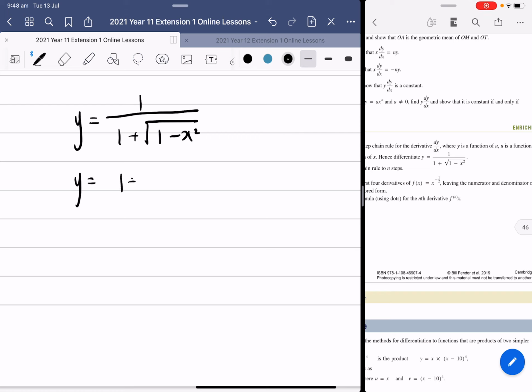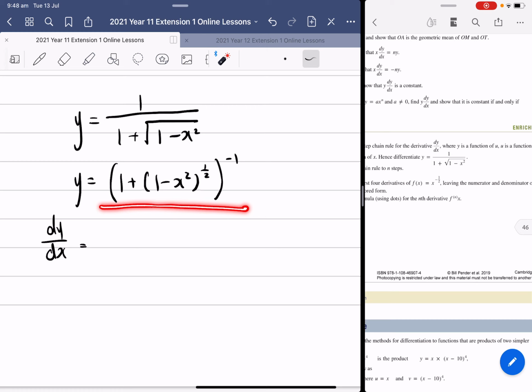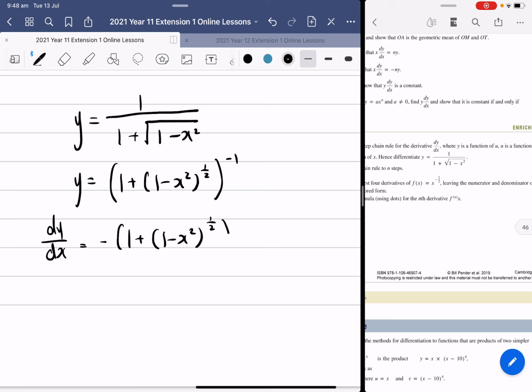First step, let's write it as a power, and another power of -1. So therefore dy over dx: first, you differentiate the entire function, so you move the -1 to the front, that's -2.